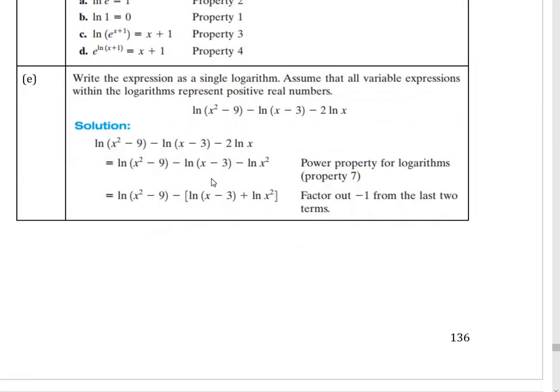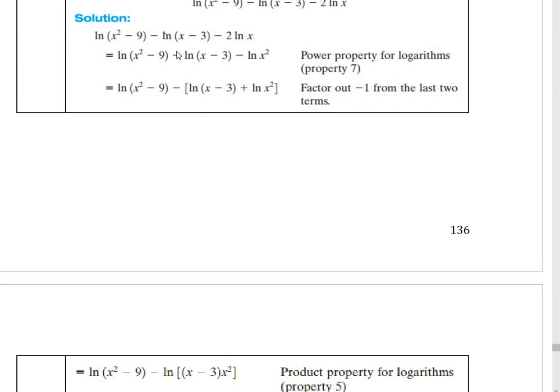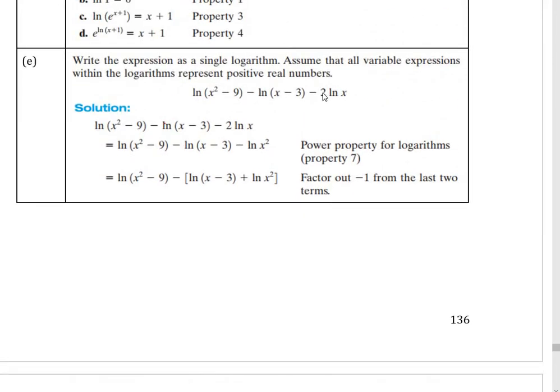So if we have to make a single log, we will also be able to make a single ln. If we look, for instance, at what we have over here, ln minus 2 ln, and we want to write that as a single ln, then the minus is going to be division. The power 2 we can take back like we've done here.